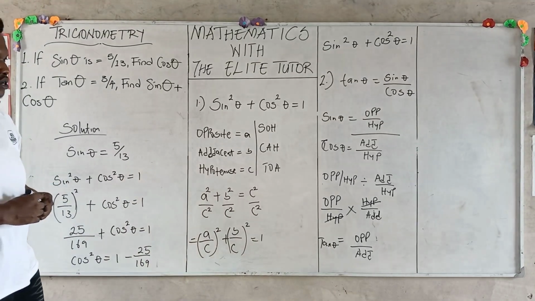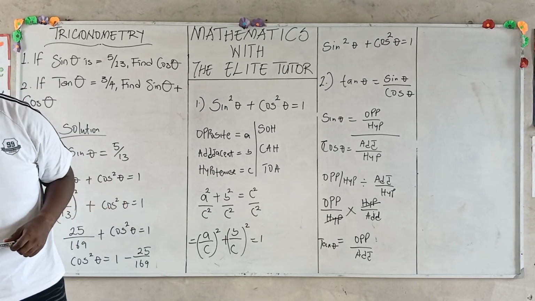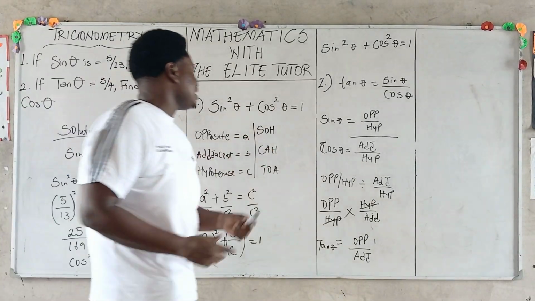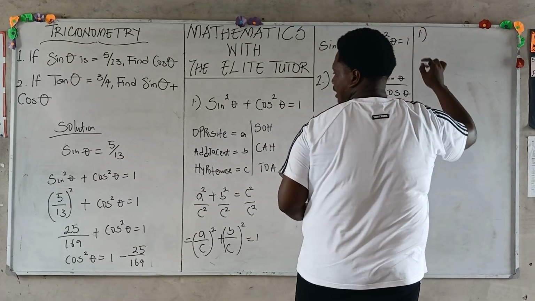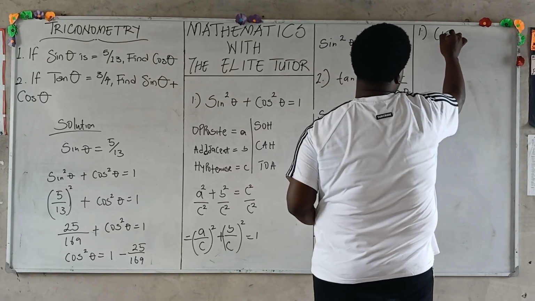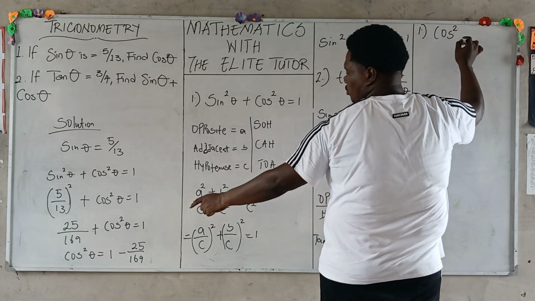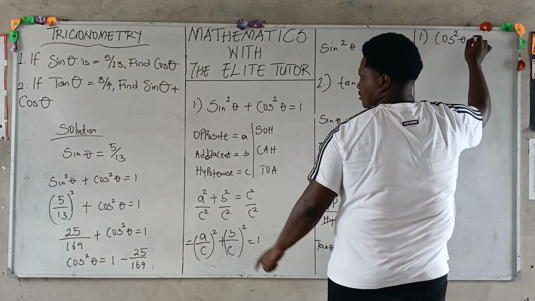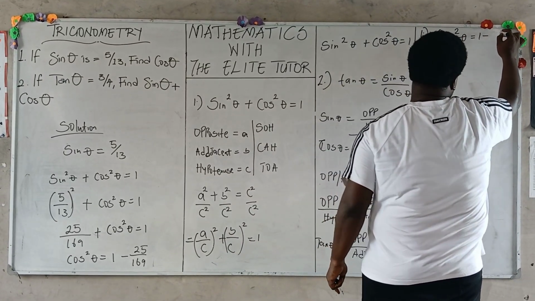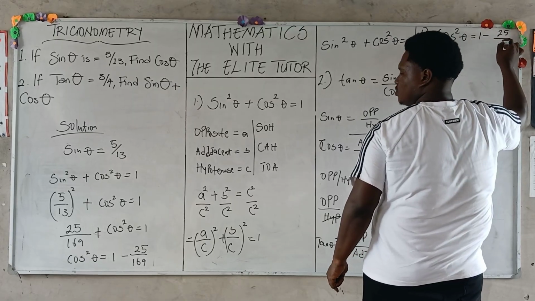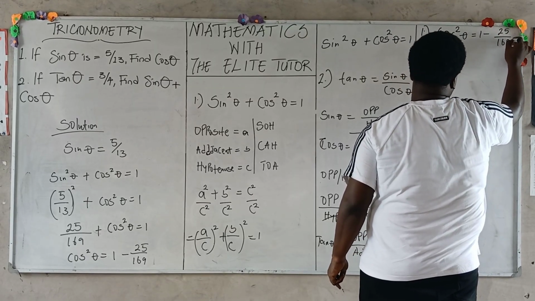Now, we are going to continue solving from this other side. So don't forget this is the continuation of question 1. We have cos squared theta. Let's rewrite. It is equal to 1 minus 25 over 169.